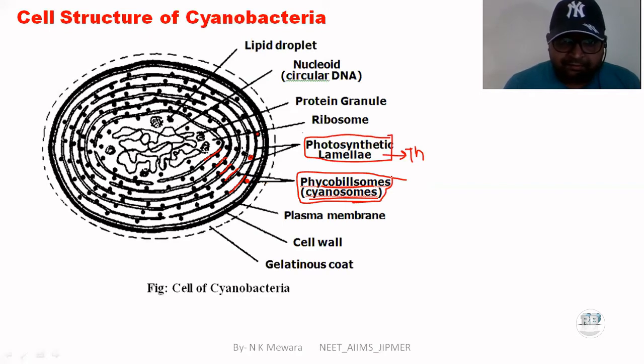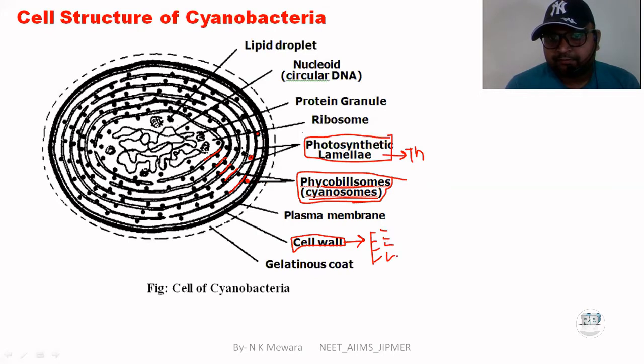And further, we study the cell wall. In the cyanobacterial cell, the cell wall is made up of four layers, L1, L2, L3 and L4, meaning 1, 2, 3 and 4.